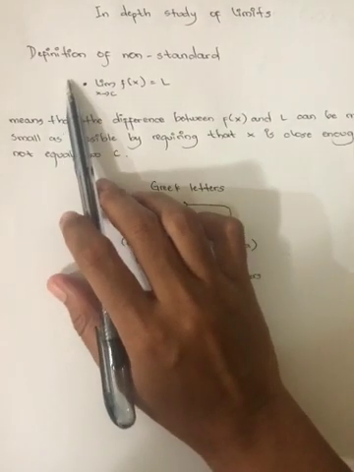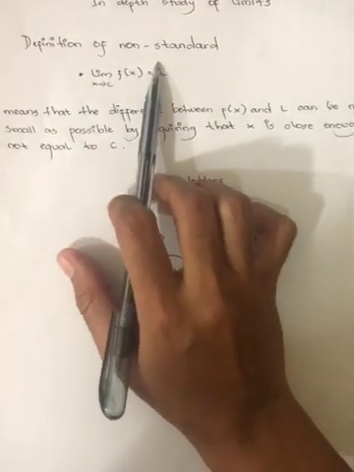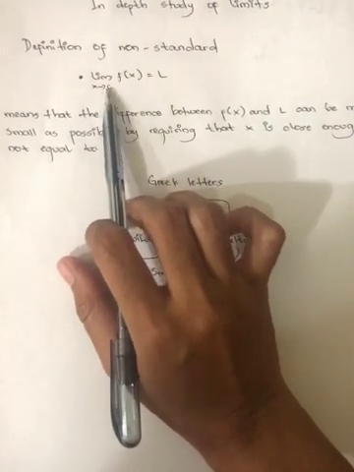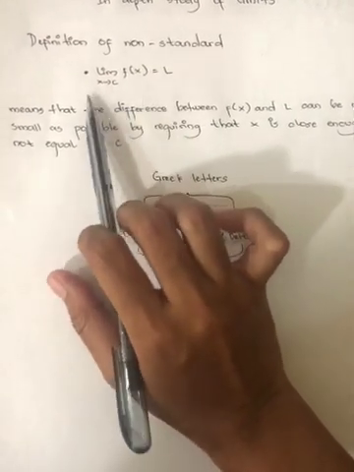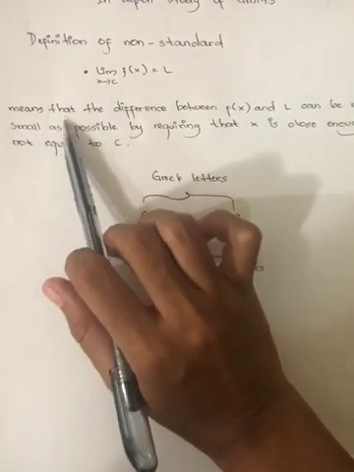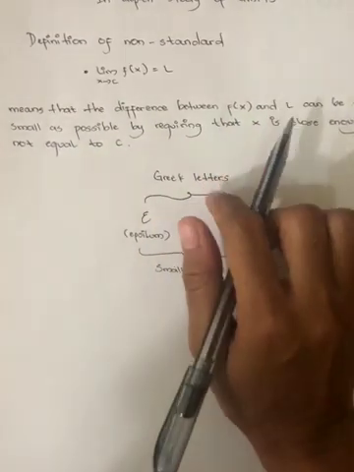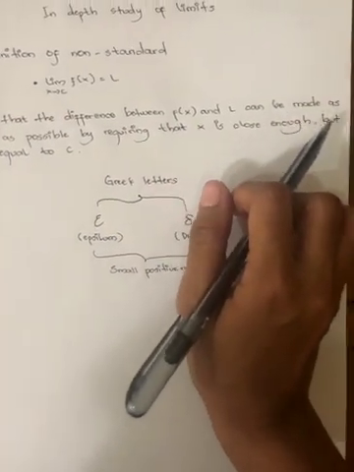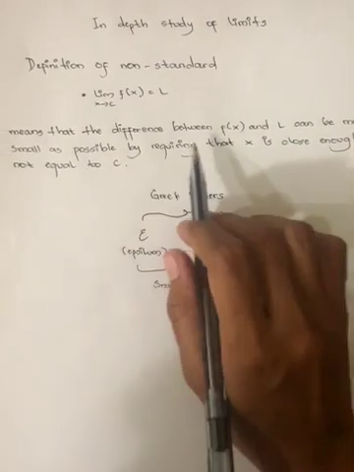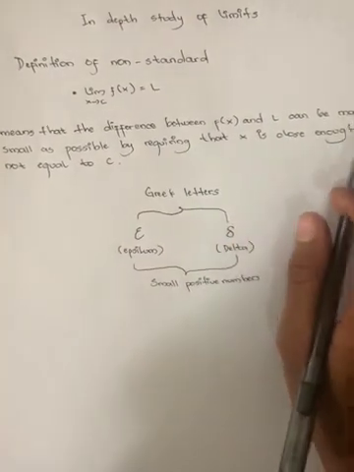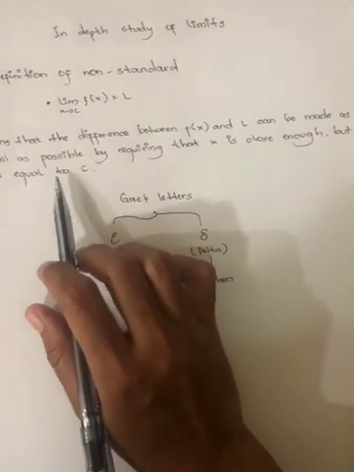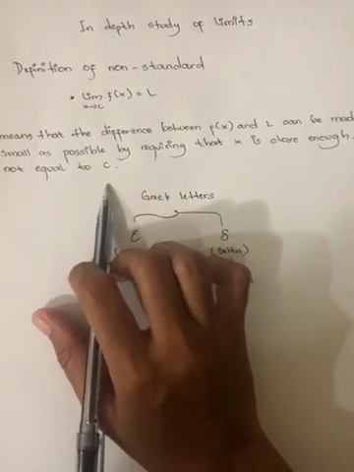Before that, we have to know about the definition of non-standard limits. The limit of f(x) equals L as x approaches c means that the difference between f(x) and L can be made as small as possible by requiring that x is close enough but not equal to c.